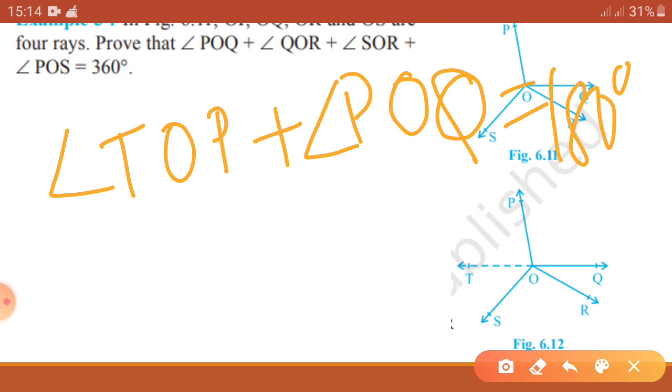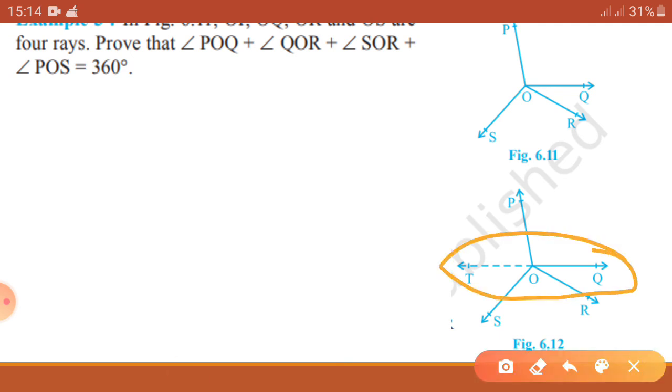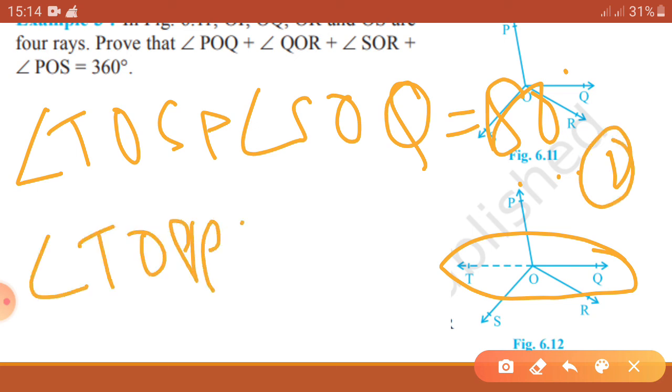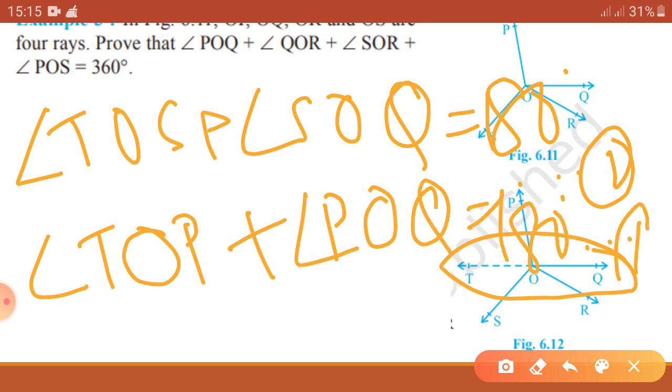Similarly, ray OS stands on the line TOQ. Therefore you can say that angle TOS plus SOQ is equal to 180 degree. This is equation number 2, and for angle TOP plus POQ we have already written angle TOP plus angle POQ is equal to 180 degree, equation number 1.